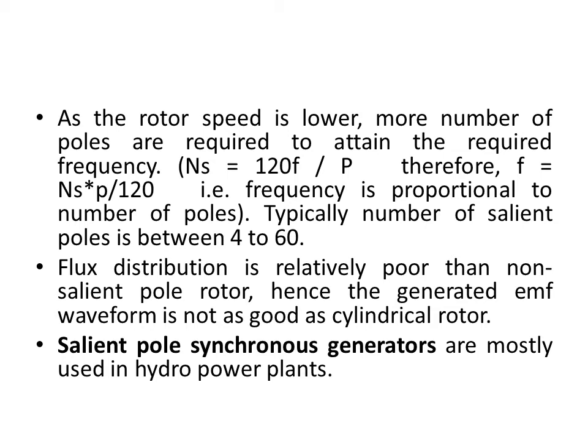Also, the flux distribution is relatively poorer than the non-salient pole rotor, hence the generated E.M.F waveform is not as good as the cylindrical rotor. Salient pole synchronous generators are mostly used in hydro power plants.